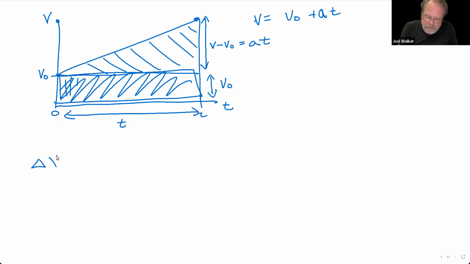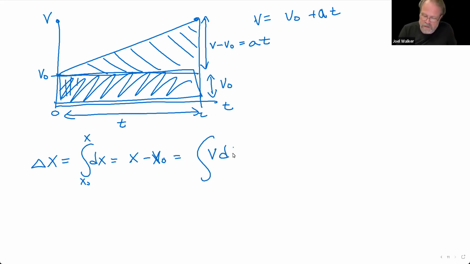We know that delta x is the accumulation of small steps in x from initial to final. In other words, x final minus x initial. But dx is also velocity times small step in time.